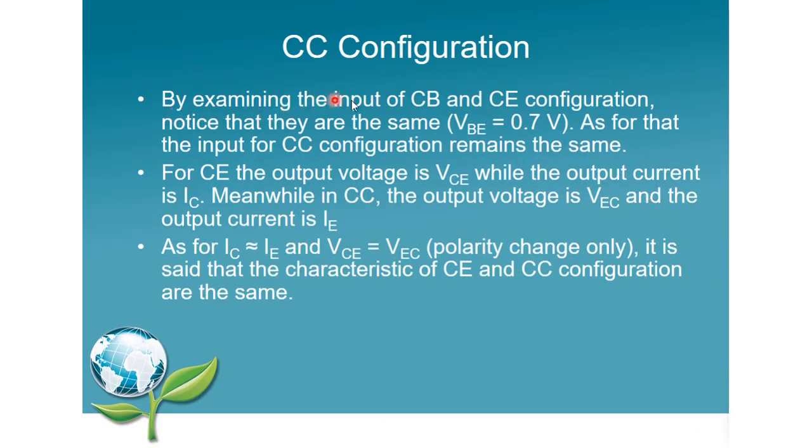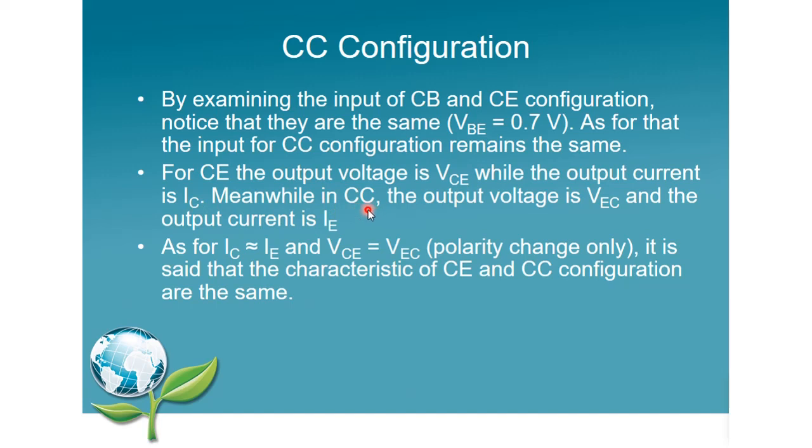By examining the input of CB, which is common base, and common emitter configuration, notice that they are the same, where the VBE is equal to 0.7. As for that, the input for CC configuration remains the same. For the CE, the output voltage is VCE, while the output current is IC.